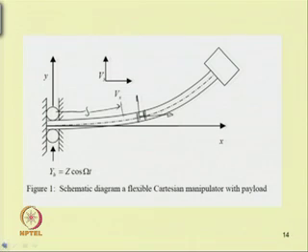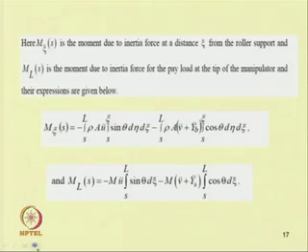Here theta is the angle between, so this angle is theta. When taking the moment about this point, one can have this cos component and sin component, for axial and for vertical, but when one takes the moment, it can be written in this form. Similarly, this m l s is due to the tip load.